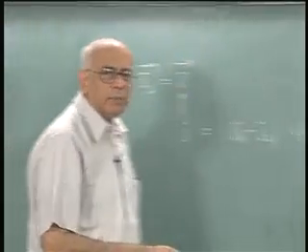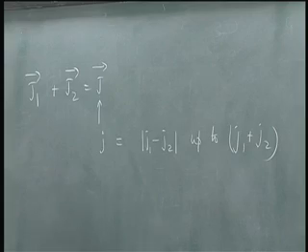I did not prove this statement, but it is easy to see that it is plausible from the rules of what happens when you take the raising operator and act on stretch states and so on.